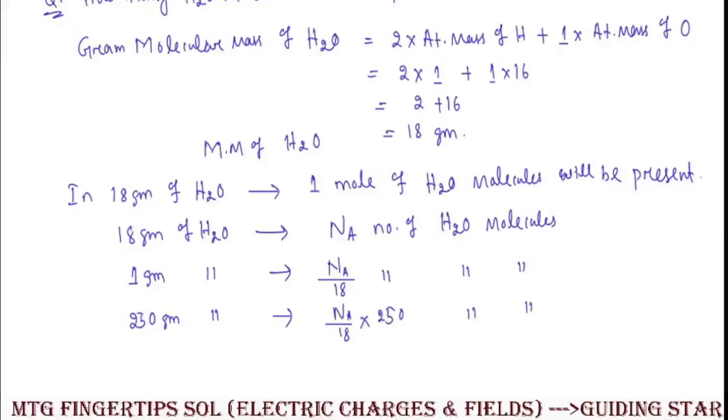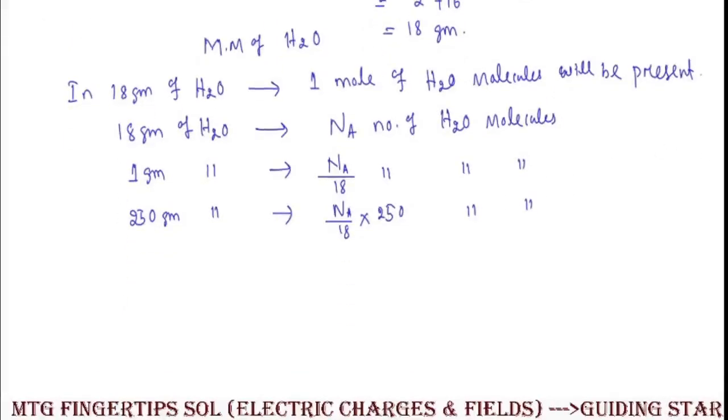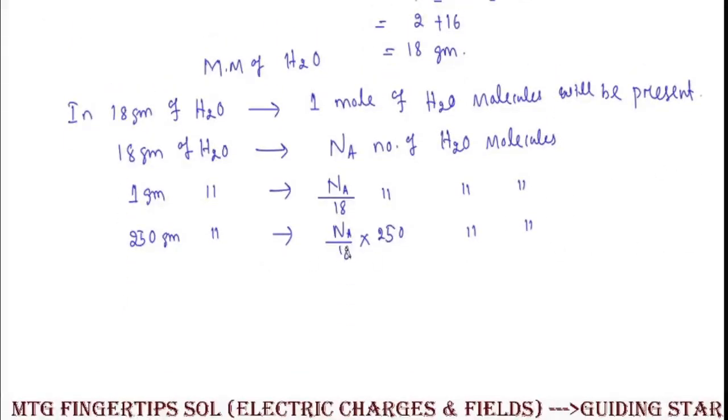Na is the Avogadro's number, that is 6.023 into 10 to the power 23. So 6.023 into 10 to the power 23 divided by 18 into 250.